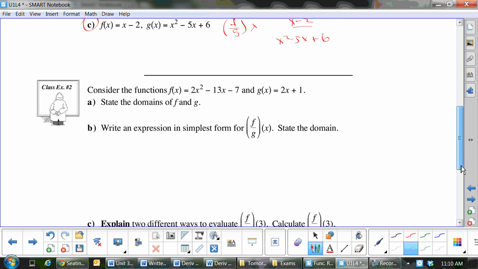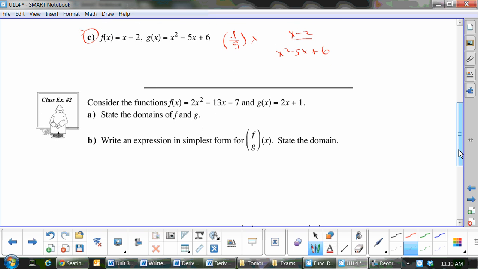At this point, there's nothing really to do, but I can factor the bottom, and it factors nicely to x minus 2, x minus 3. Two things that add to get negative 5 and multiply to give me 6. And what cancels nicely is the x minus 2's. So you get 1 over x minus 3.